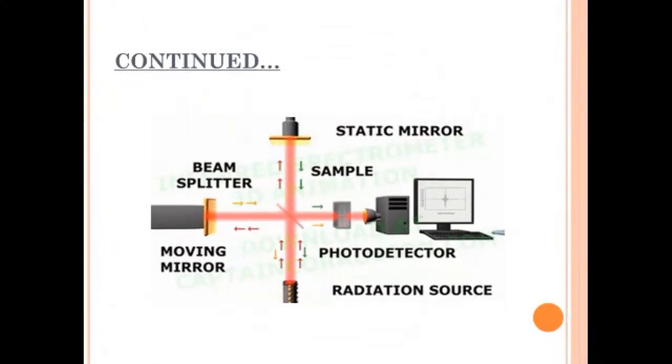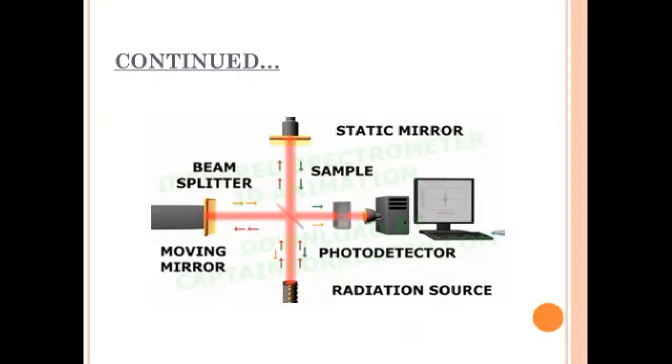As the name suggests, this splits the beam into two separate beams that are directed to a fixed and a moving mirror respectively. The light travels back to the beam splitter, where it is recombined, causing interference, and is then directed to the sample material. That's why spectra of all wavelengths can be acquired simultaneously, saving a lot of time.